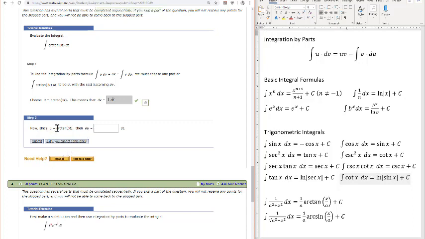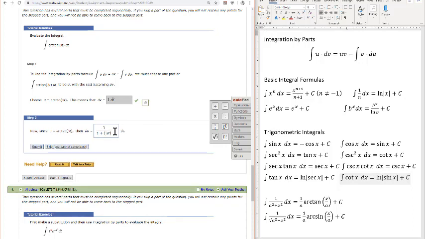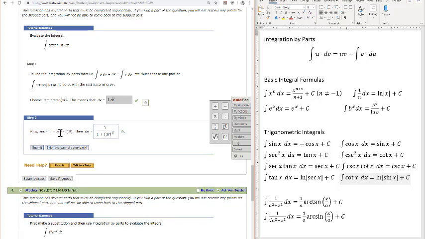Alright, so now the derivative of the arctan, if you remember, is a little bit of a fraction. It's going to be 1 divided by 1 plus the quantity 3t squared. So the derivative of the arctan of x is 1 over 1 plus x squared.